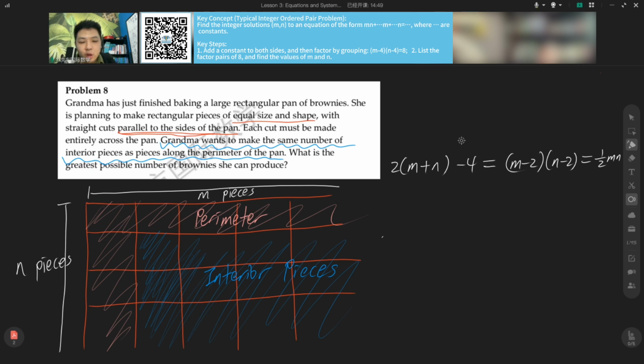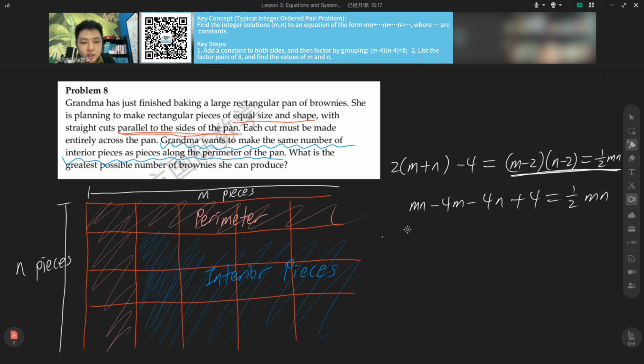At this point, you can just pick 2 of them to be equal. It doesn't matter. 你可以选2个视为相等。You can choose this one, for example. If you expand this out, you should get mn minus 4m minus 4n plus 4. That is a half mn.